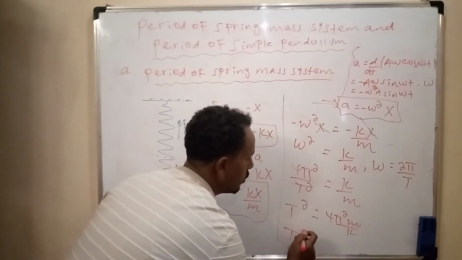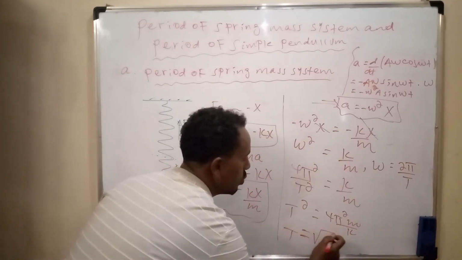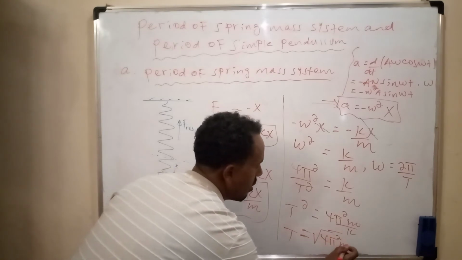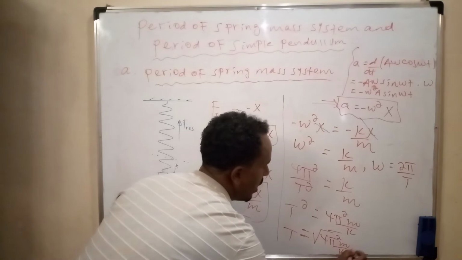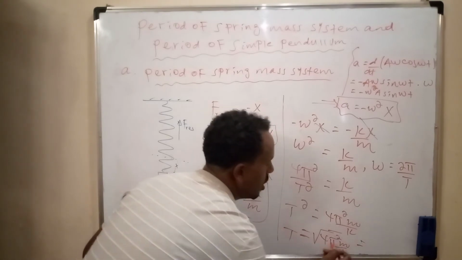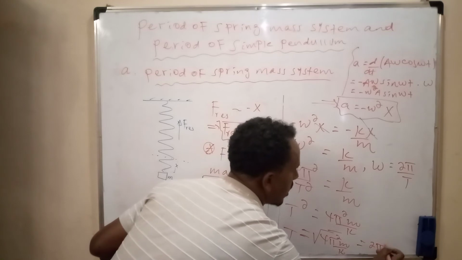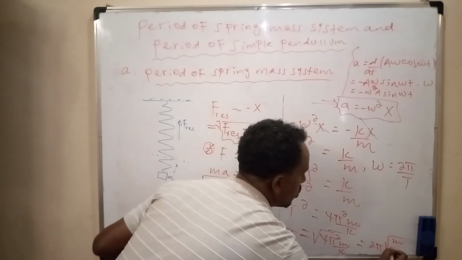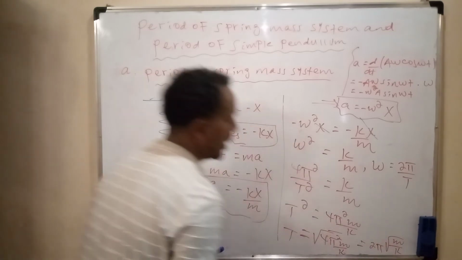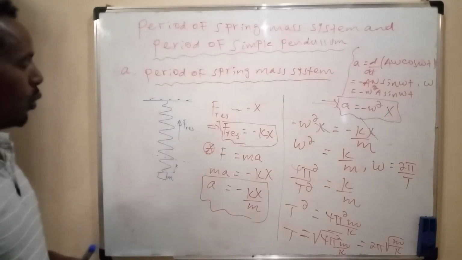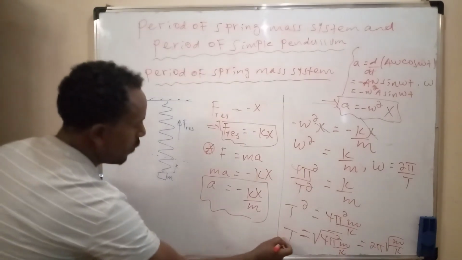So period is equal to the square root of 4 pi square m over k, which is equal to 2 pi times the square root of m over k.